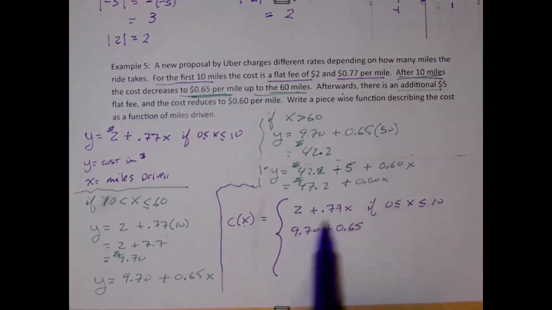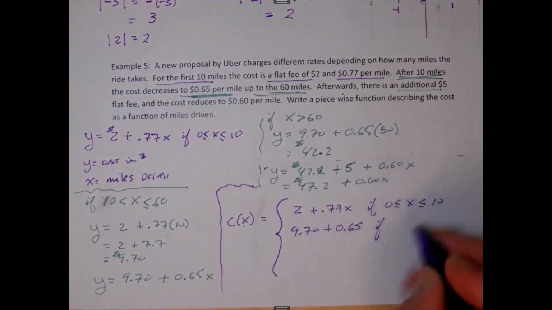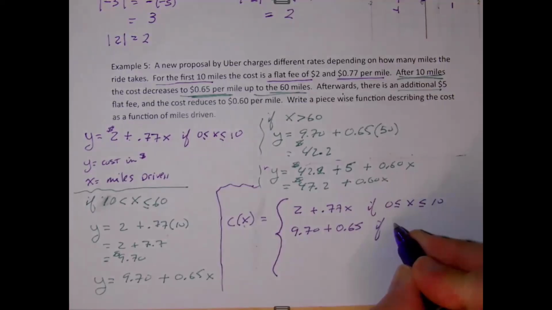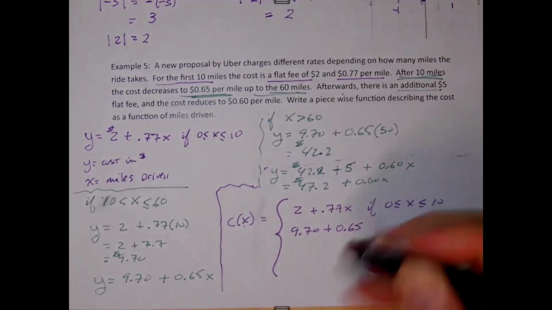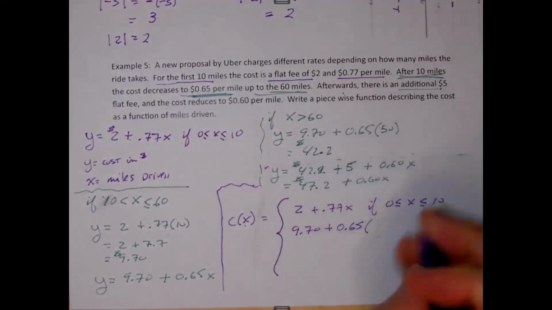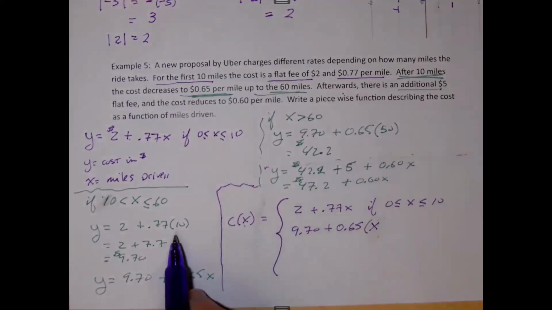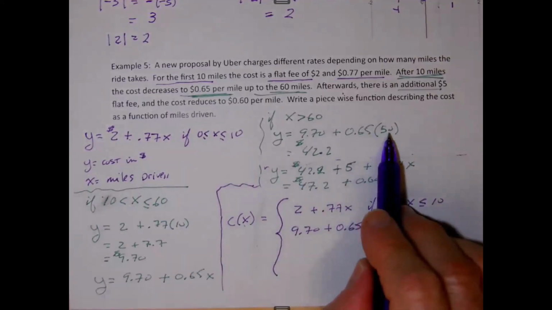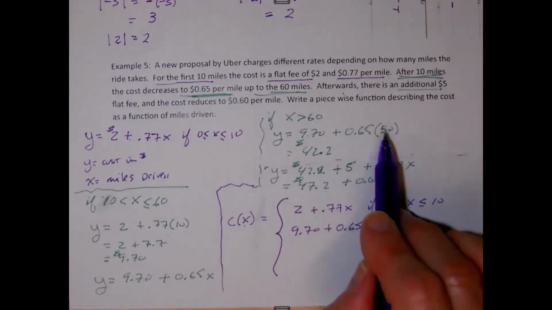this number already contains the first 10 miles. So what I'm going to write is this. If I enter 60, remember what I did. I wanted to enter 60, but in reality, I subtracted 10.